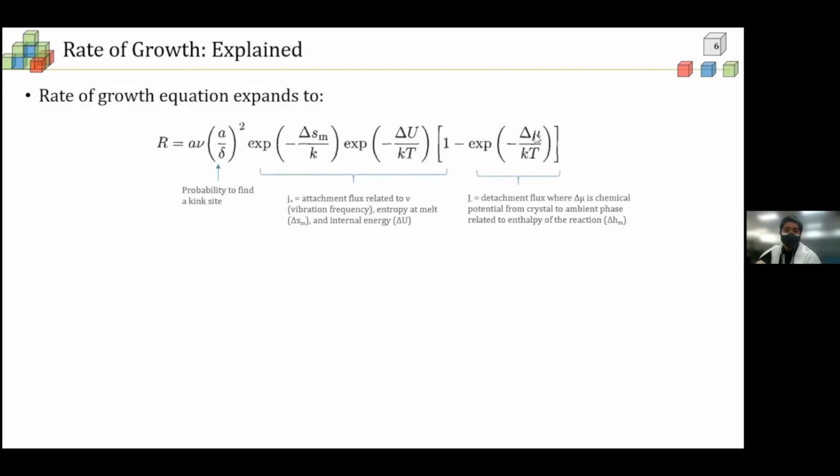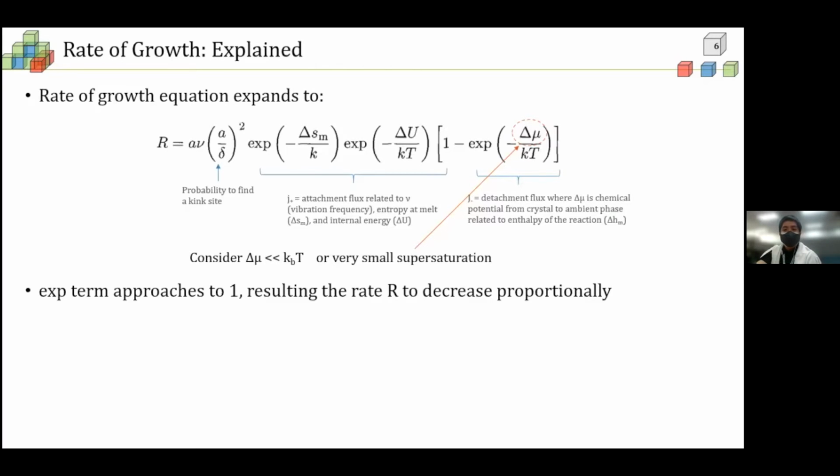Now, if I highlight that top rightmost term, that delta mu, or the chemical potential, if we consider this delta mu to be really, really small, or equal to the Boltzmann constant times temperature, or a very small supersaturation, what we note is that this term approaches 1, and likewise this results in our rate R decreasing proportionally.